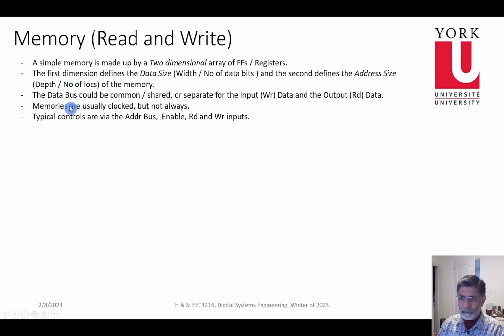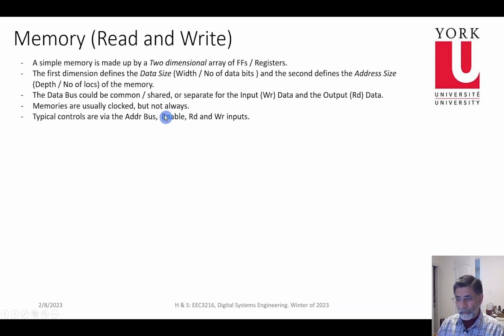The data bus could be common or shared, or we can have a separate input data bus for the write data and an output data bus for the data read from the memory. Memories are usually clocked, but not always.